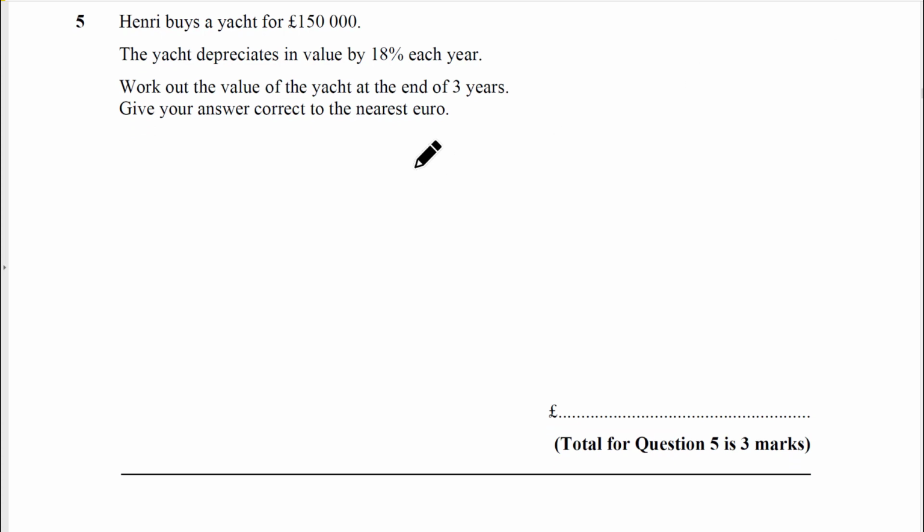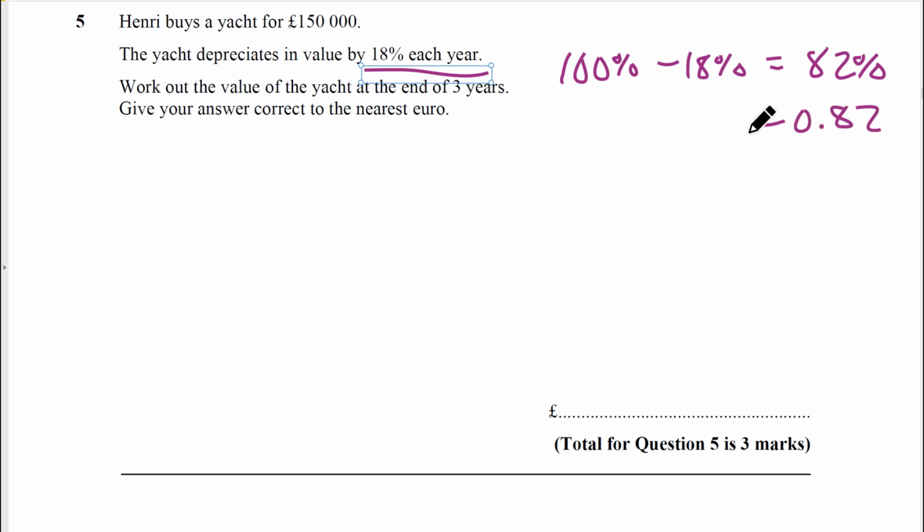Right, this calculator question, 18% each year, so the easiest way to do this is 100% because it's compound interest minus 18%. That's going to give you 82%. As a decimal, divide by 100, 0.82.